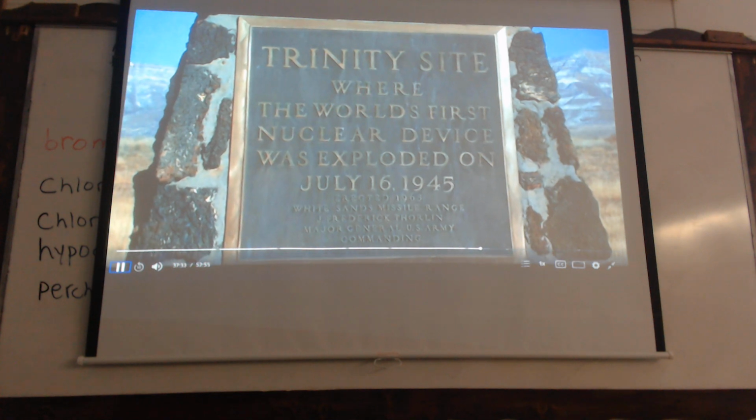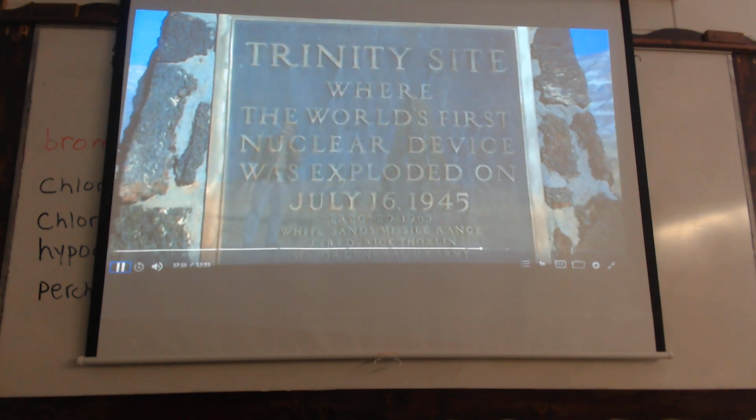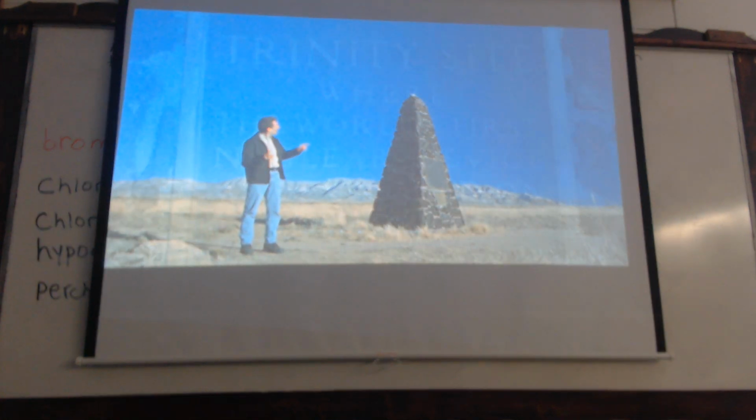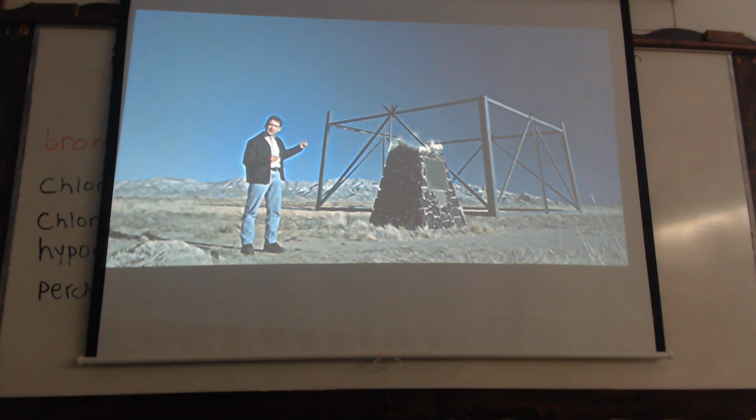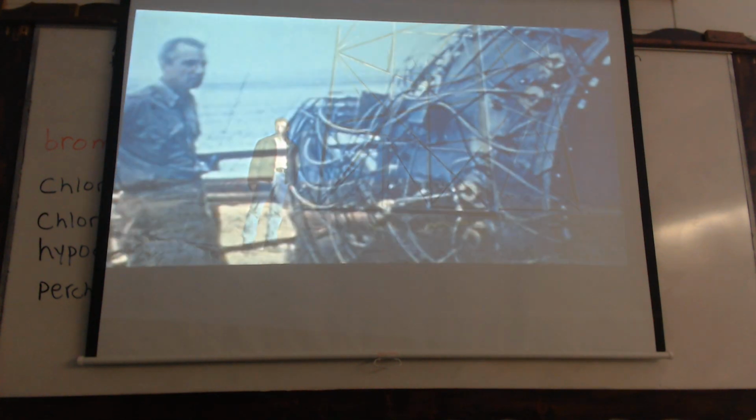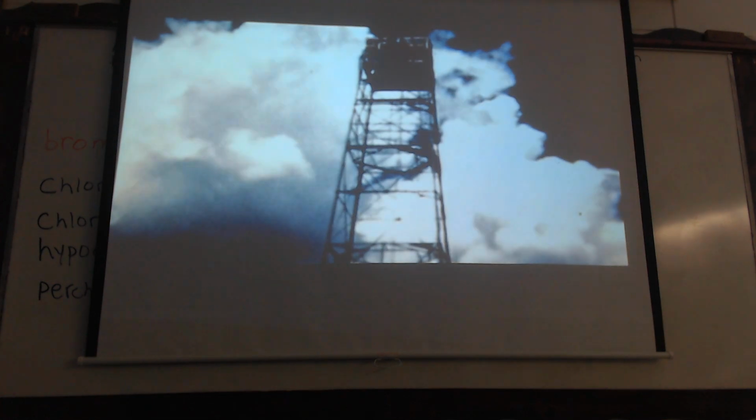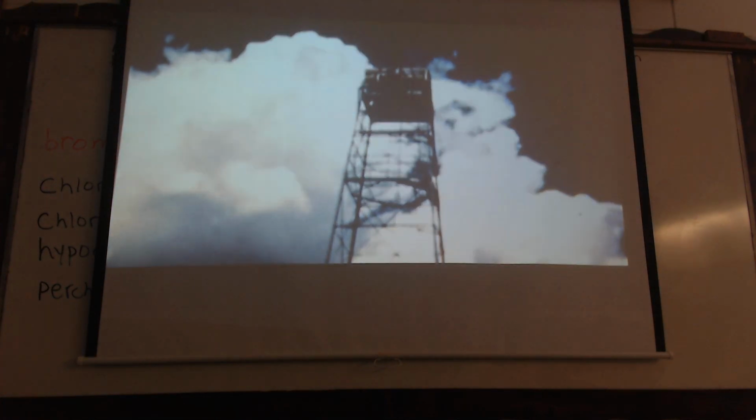In the middle of the desert in New Mexico, at the top of a steel tower, about 100 feet above the top of this monument, the first atomic bomb was detonated. It was only about 5 feet across, but that bomb packed a punch equivalent to about 20,000 tons of TNT.